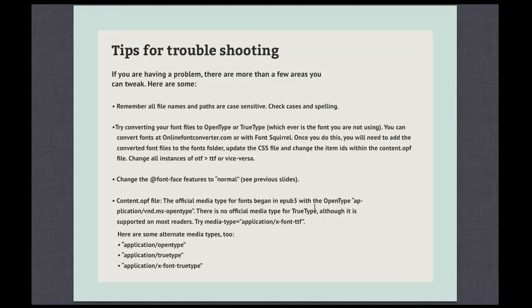Make sure that you're aware of all of your cases and check your spelling, and then double check them and check them again. If you're having trouble with displaying an embedded font, you can try to convert the font from whatever format it's in to either OpenType or TrueType, depending on which you were using in the first place.